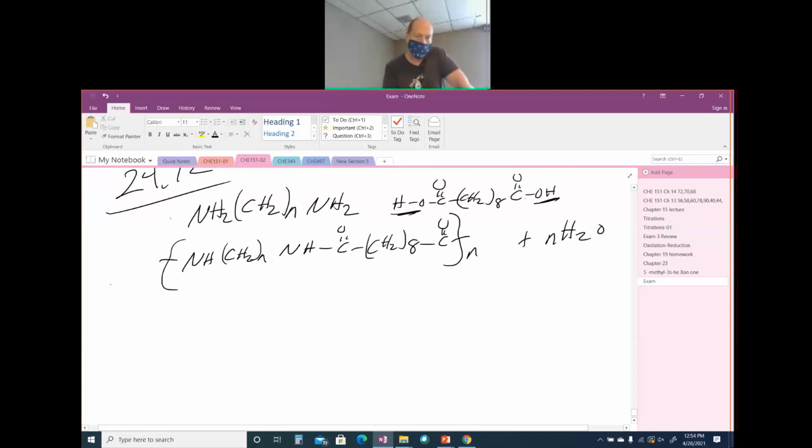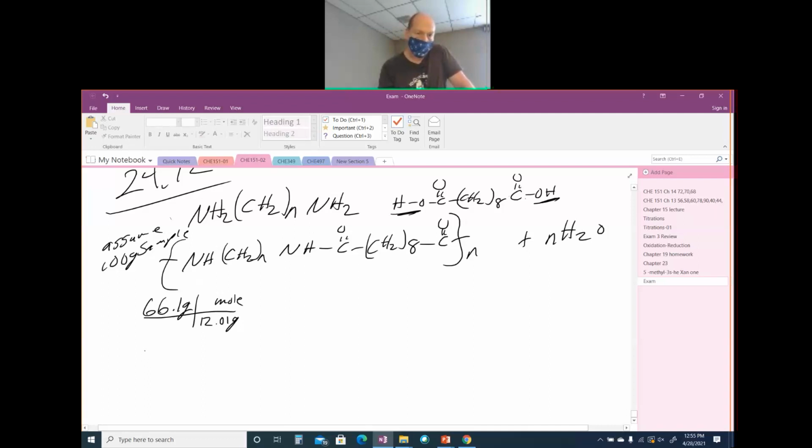Anytime I have percentages, I always assume a 100-gram sample, because then all of my percentages become grams. If I have 100 grams and 66.1% is carbon, then 66.1 grams are carbon, and I divide that by the molar mass, 12.01 grams per mole.